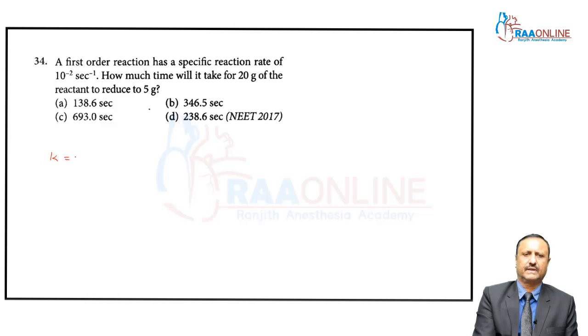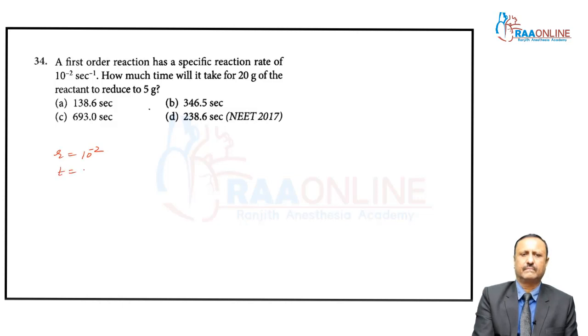Here in this question, K is the specific reaction rate, first order reaction. Specific reaction rate is the reaction rate constant, and here it is 10 to the power minus 2.